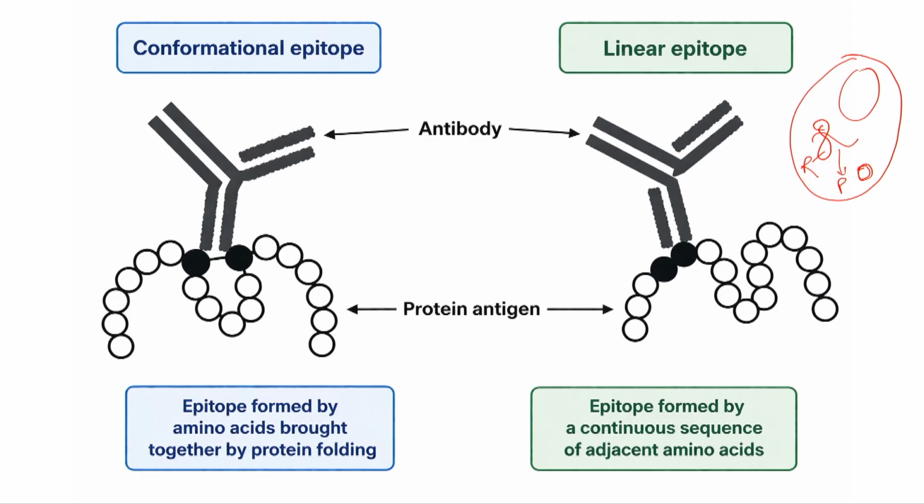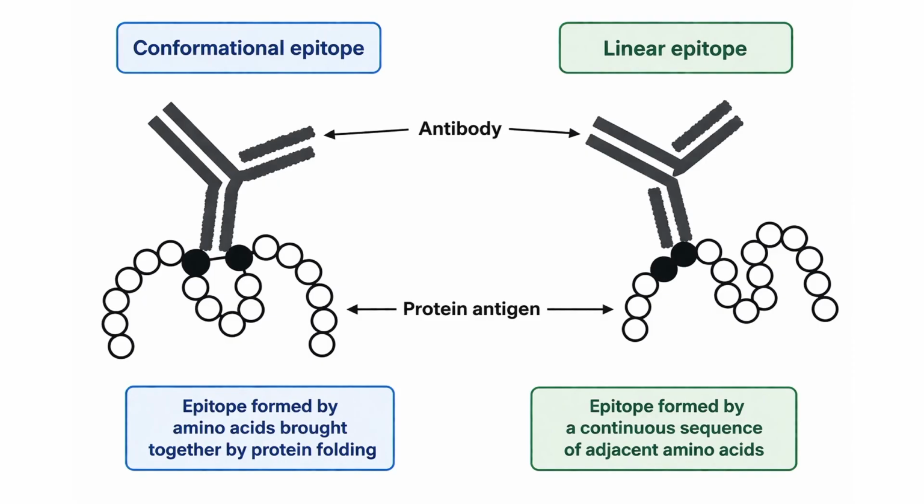Once these proteins are formed, they are decorated by structures like glycosylation. Let's try to understand a few details of epitopes. There are two terms which we need to understand: one is called conformational and the other is called linear.